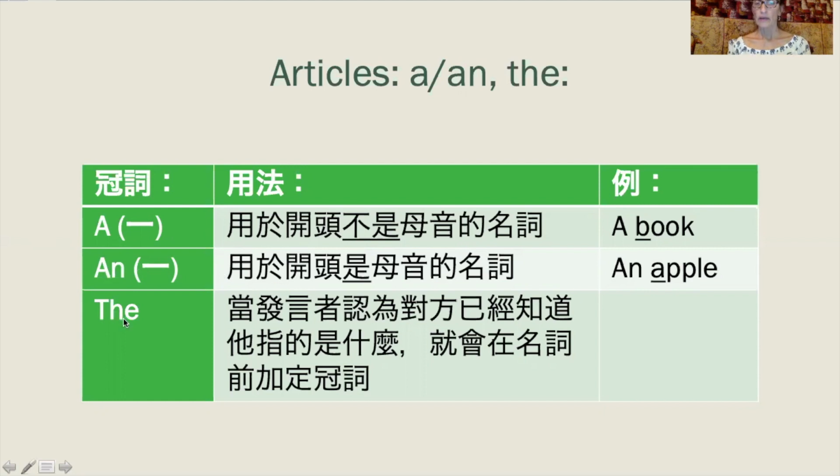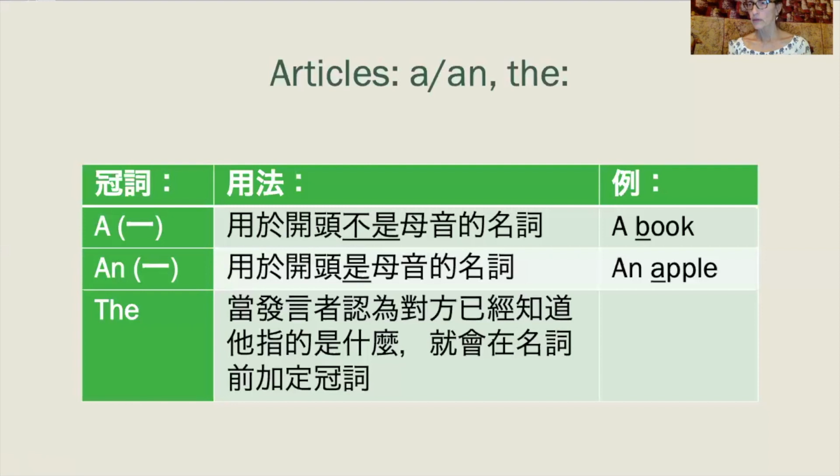And then the third article is the word the. You use this article, the, when you're pretty sure the other person knows specifically what you're talking about, okay?